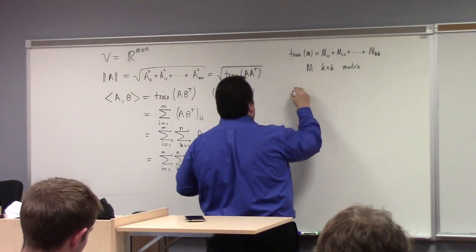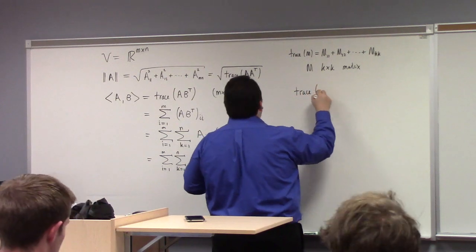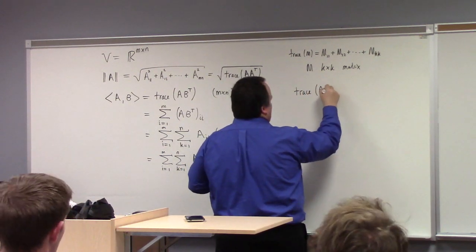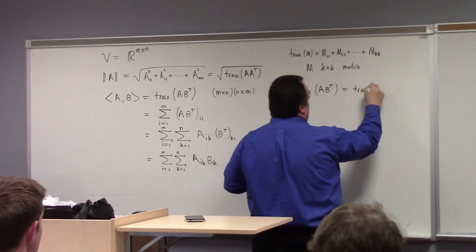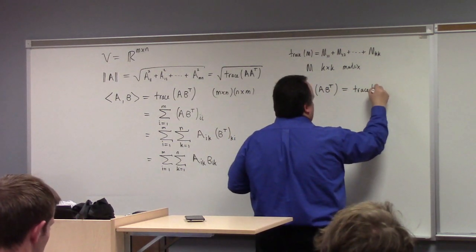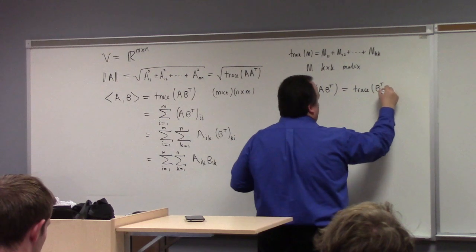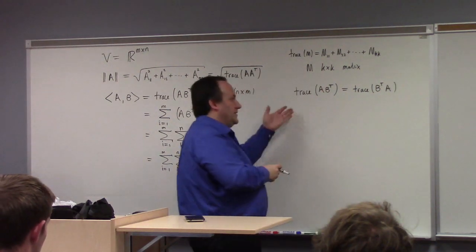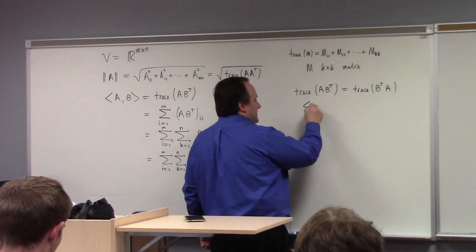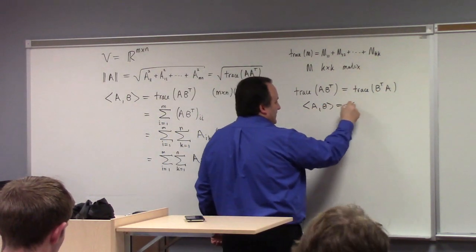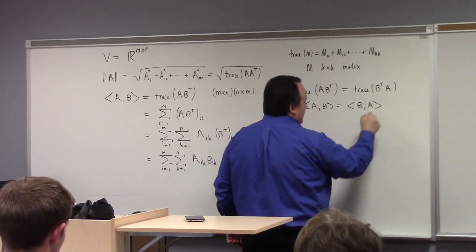So the trace, well, I guess that's the trouble, you guys haven't done stuff with trace. But a property of the trace is this: the trace of a product is the trace of the product in the opposite order. This is something you can prove about trace. This is a known identity for trace, and that says that our inner product is symmetric.